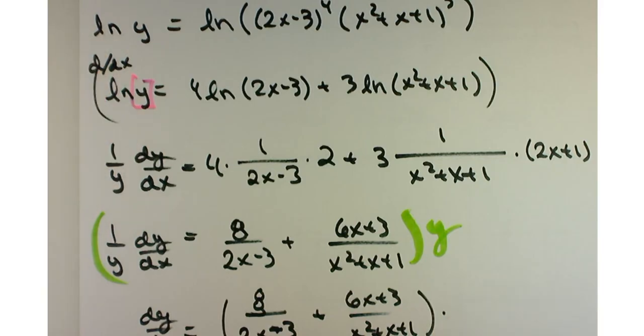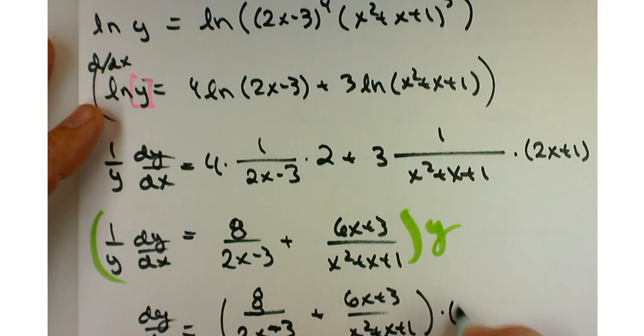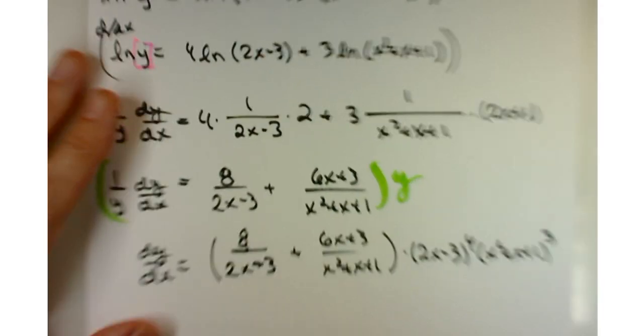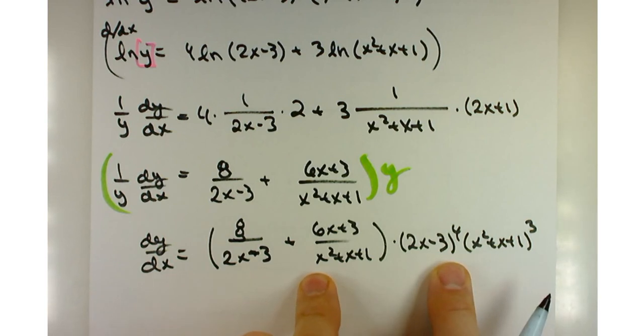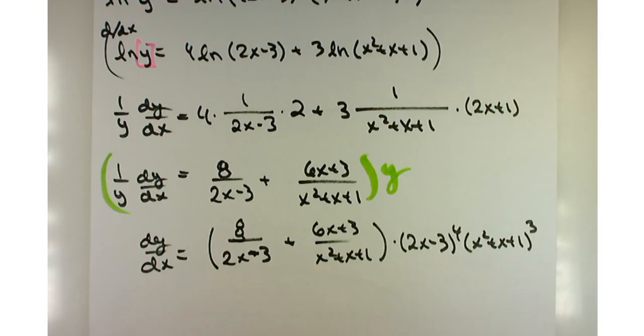But y itself was equal to (2x minus 3) to the 4th times (x squared plus x plus 1) to the 3rd, like that. Now, this form is going to look a little different than what we did earlier with the product rule, but this is the correct answer. WebAssign should accept this, no questions asked. If they don't, let me know.